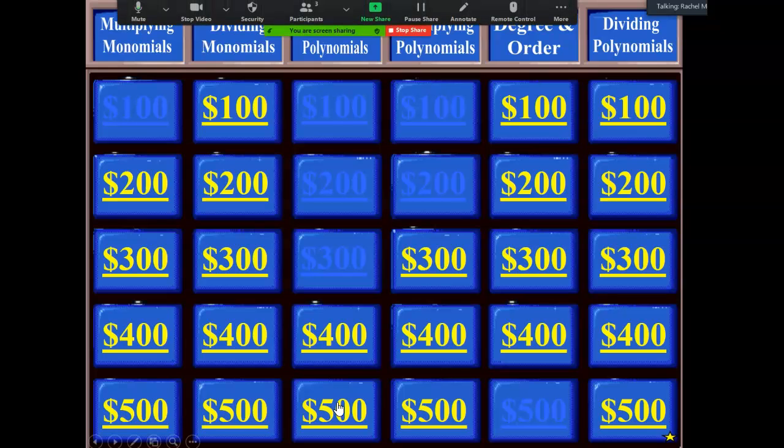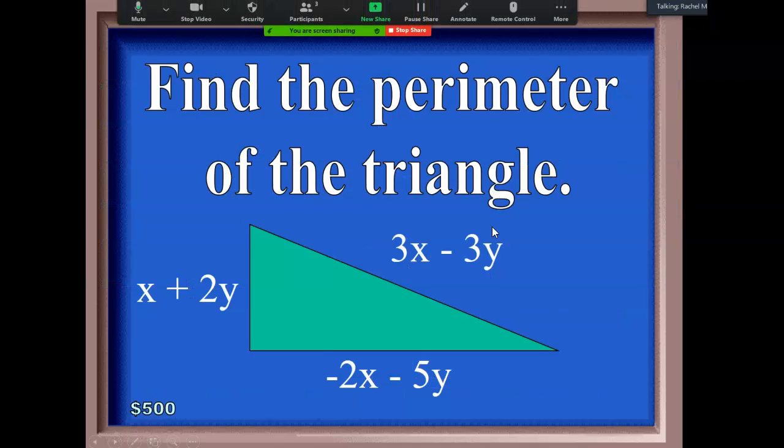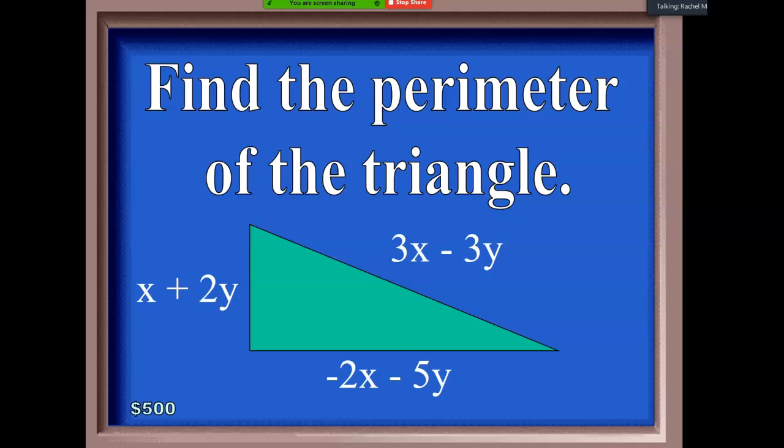All right, let's add and subtract for 500. Find the perimeter of the triangle. That's adding and subtracting. That is correct.